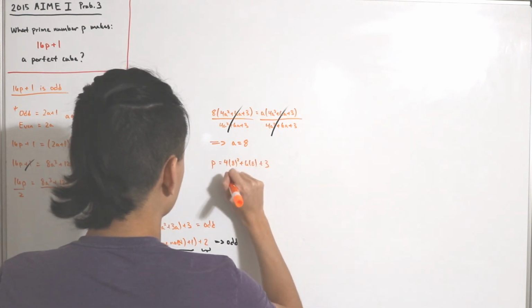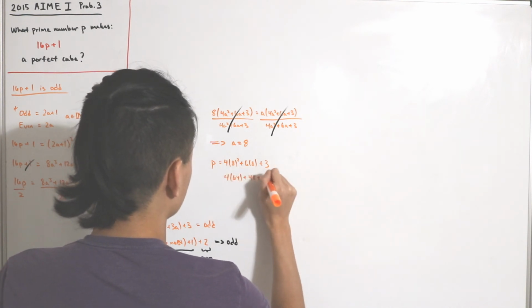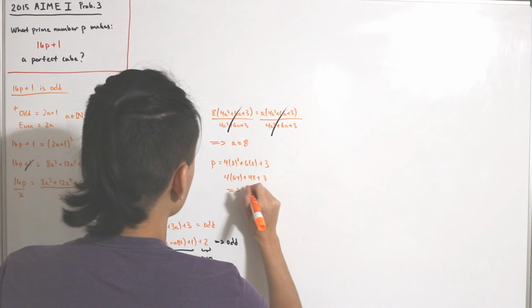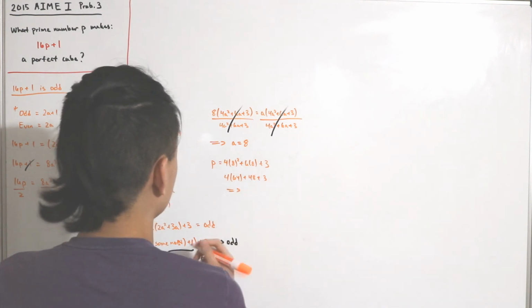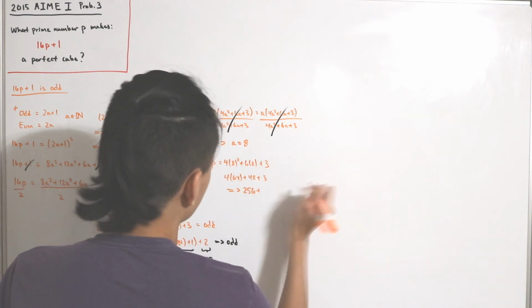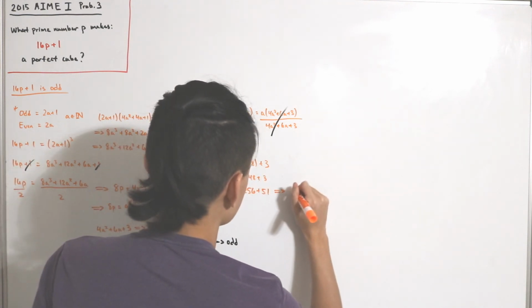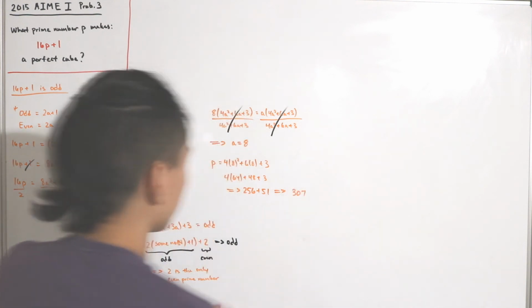So this is 4 times 64 plus 48 plus 3. Expanding this out, 4 times 64 is 240 plus 16, which is 256. Plus 48 plus 3 is 51. And we have come to the conclusion that p has to equal 307.